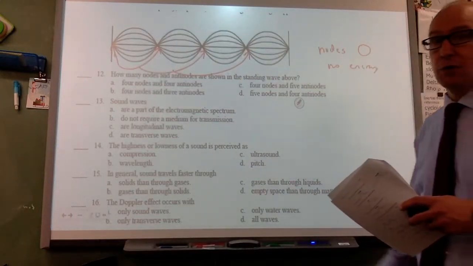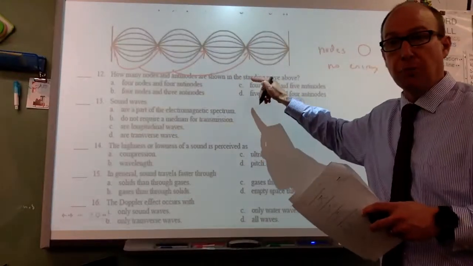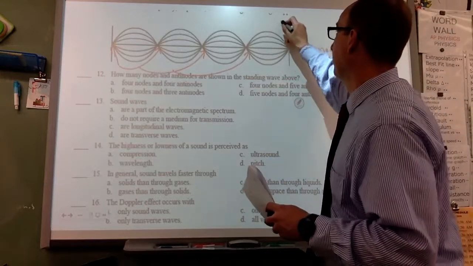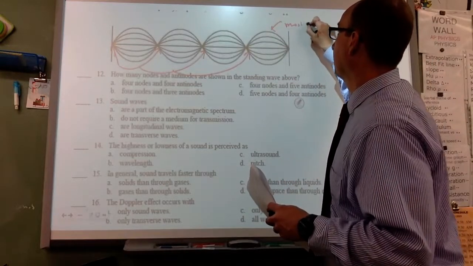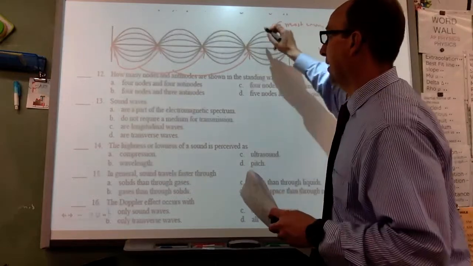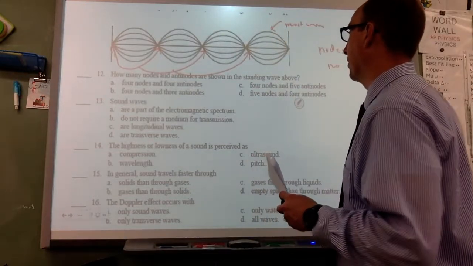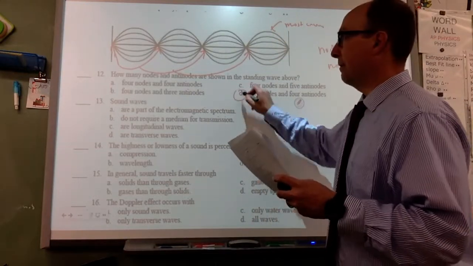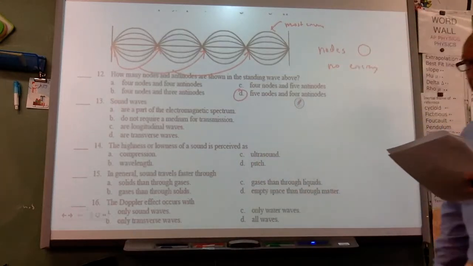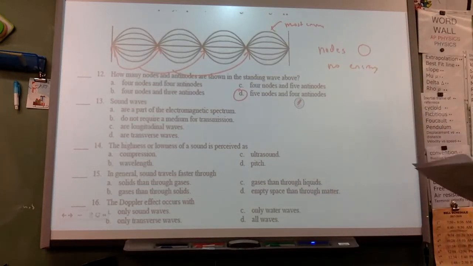Antinodes are peaks, whether it's above or below. That's where we have the most energy. And it looks like we have 4 of those. So we have 5 nodes and 4 antinodes.